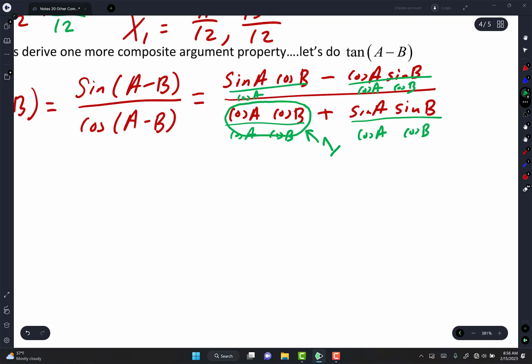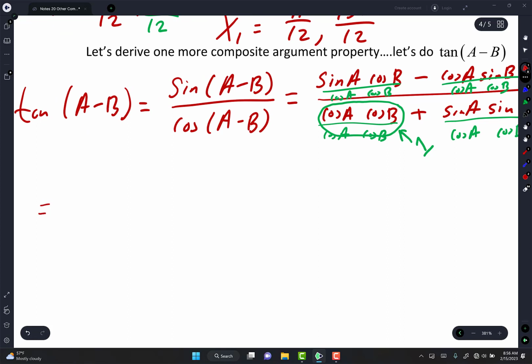Don't worry, I'm going to write it a little bit super big. So here's what I have now. So I'm going to rewrite it.